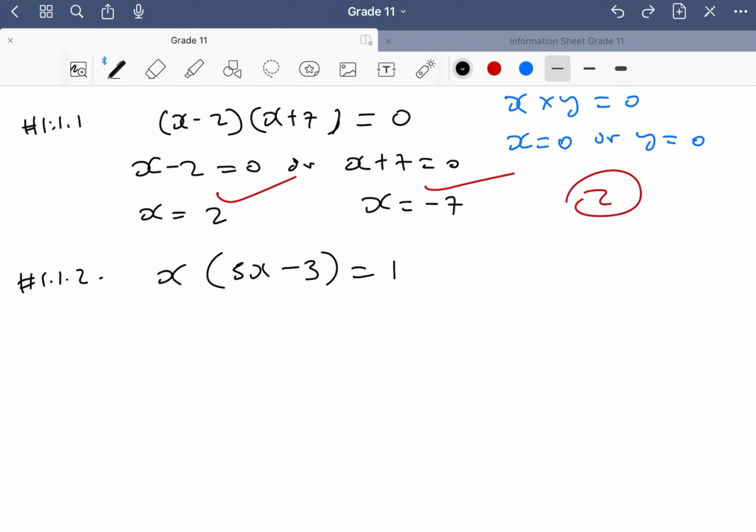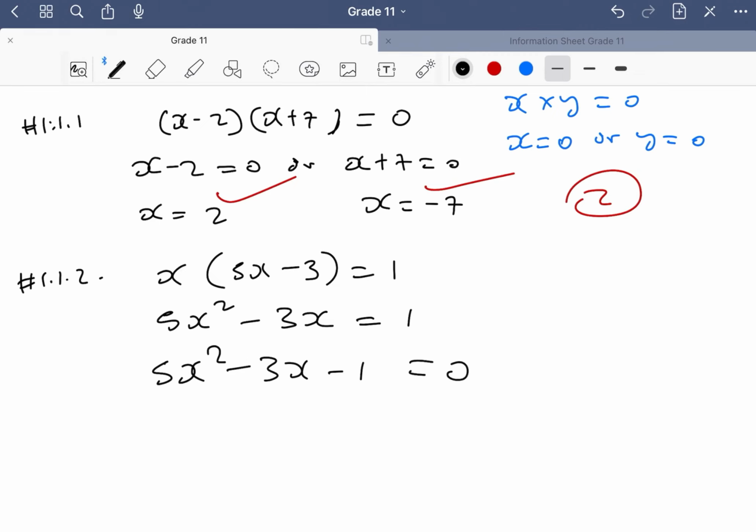So x times 5x is 5x squared, and x times negative 3 is negative 3x. So we've removed the bracket, still equal to 1. What you do is you take that 1, put it on your left hand side, it becomes negative. So you're going to have 5x squared minus 3x minus 1 is equal to 0.